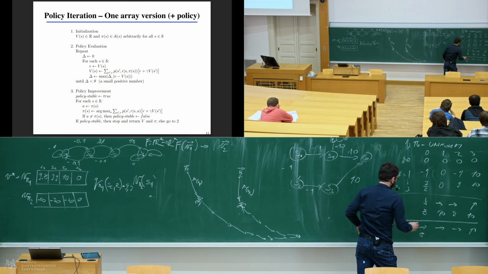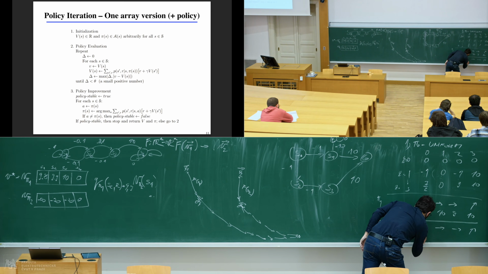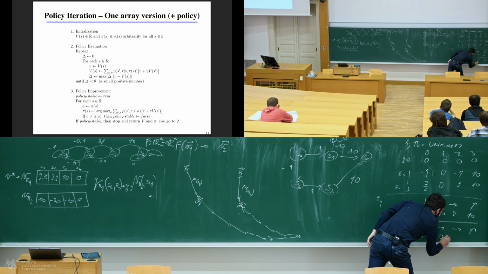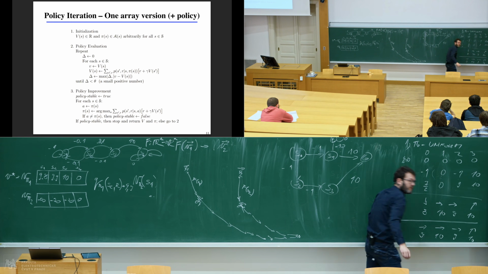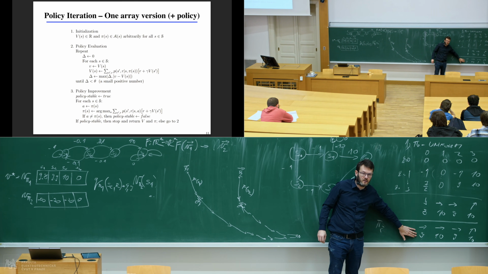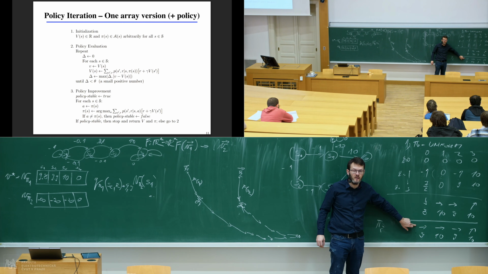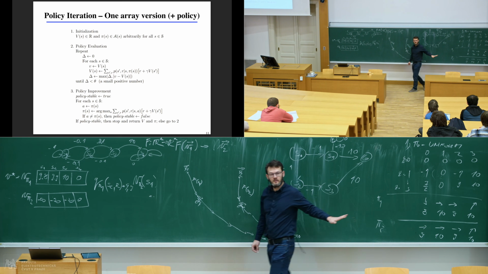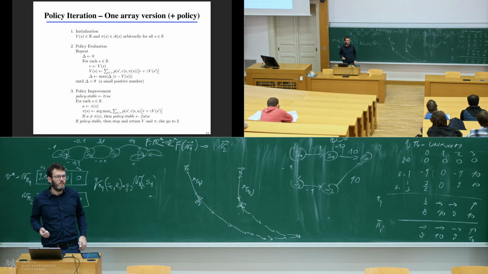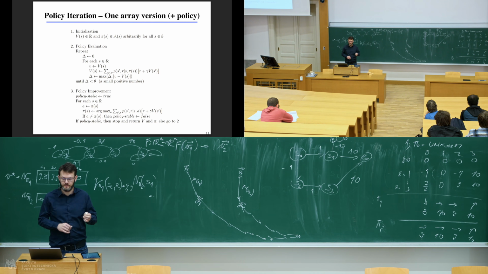So it's 9 for S1, 10, 9, 10, right? And then you compute again the greedy policy with respect to this new value function, and you will find out that this is the same policy, and that's the end. Then you know that you cannot improve anymore. Very good question.